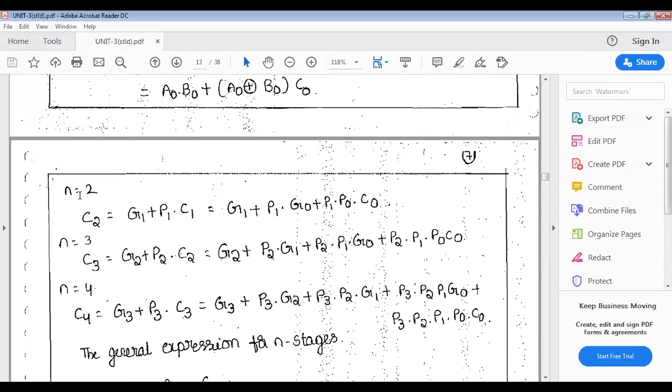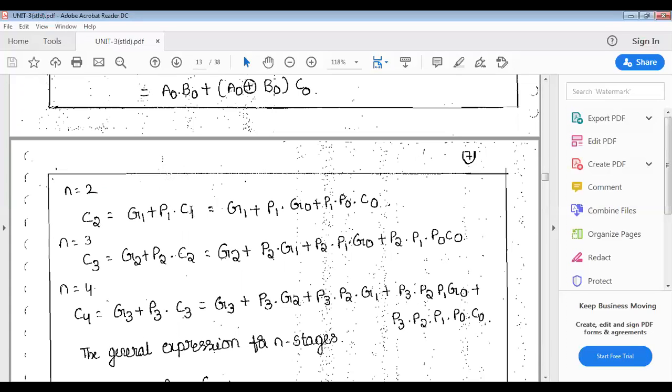Then the second equation, n is equal to 1, my dear students. Don't think that it is n is equal to 2. n is equal to 1, then only C becomes C2. n is equal to 1 and this becomes C1 plus 1 is C2, that is equal to G1 plus P1 into C1.